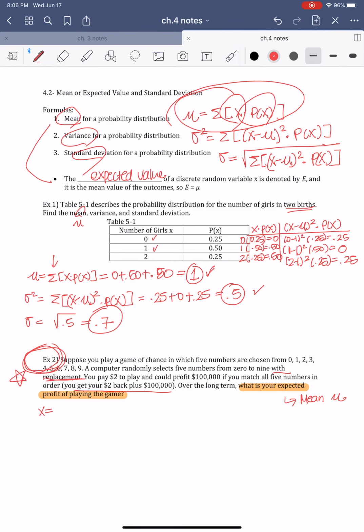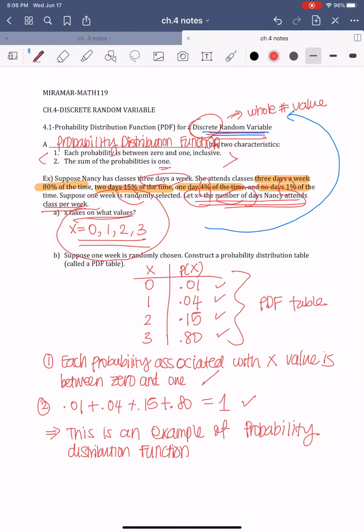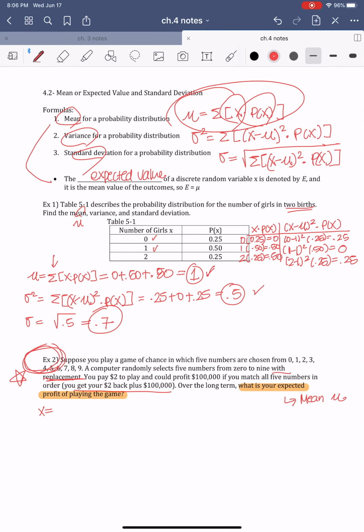Now, I'm going to use a sentence, like words, to explain what x means, and then associate the x value. So let's do that. What does x mean in this example? It's a little bit confusing. The common way to approach it is the numbers 0, 1, 2, 3, 4, 5, 6, 7, 8, 9 that you can choose from. However, this is why you have to read the final question: what is your expected profit?